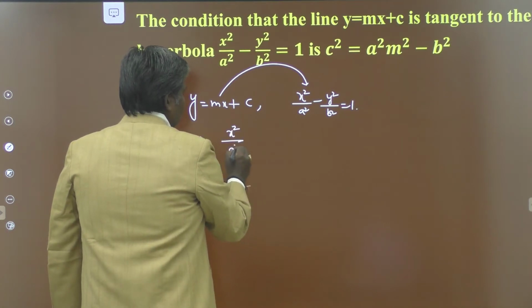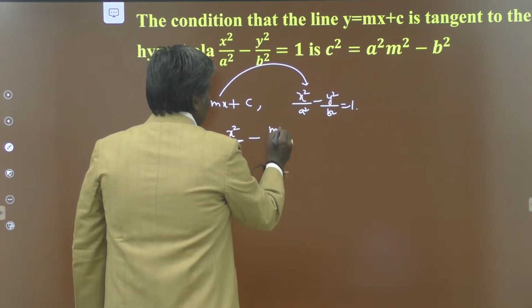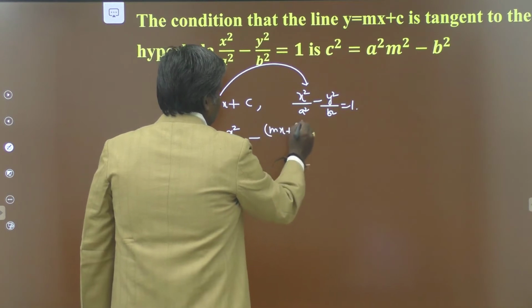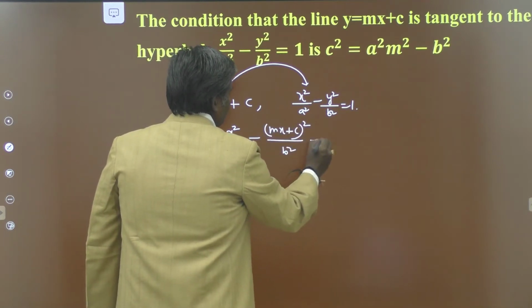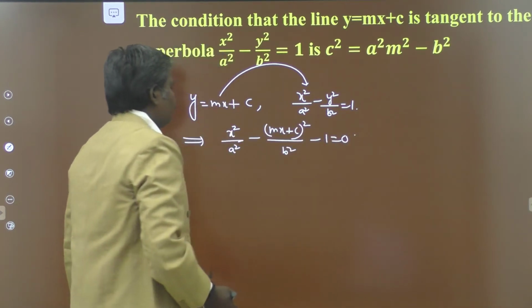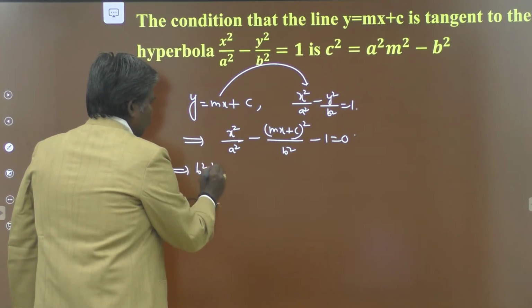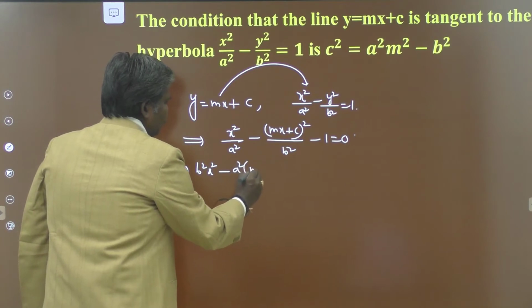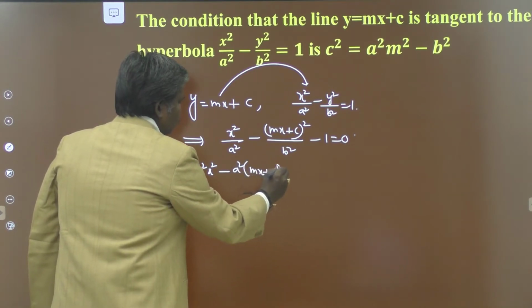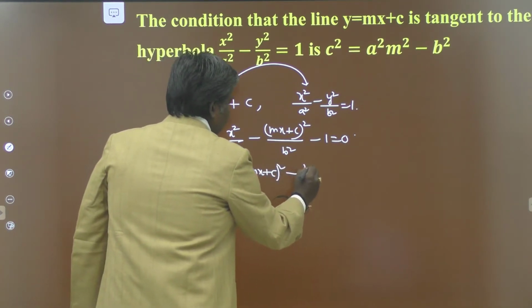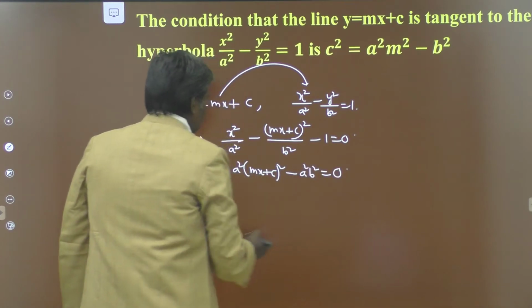We have x square by a square minus (mx plus c) whole square by b square minus 1 equals 0. So we have b square x square minus a square times (mx plus c) whole square minus a square b square equals 0.